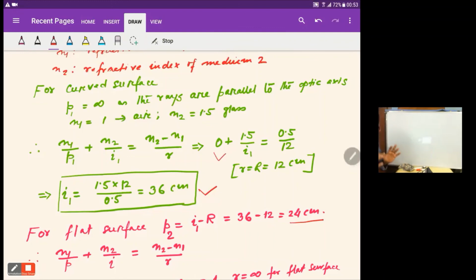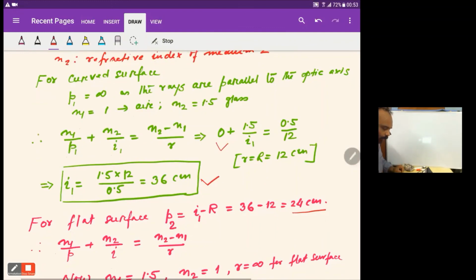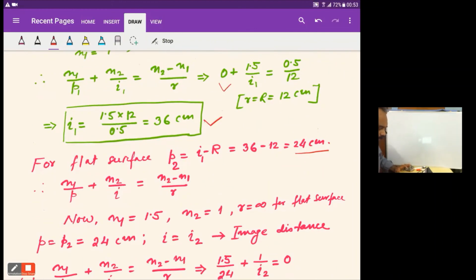So this is now my object position. Again, we are going to use the same formula: n1 by p plus n2 by i is equal to (n2 minus n1) by R. Now our n1 is the glass, refractive index 1.5. n2 is the refractive index of air, which is 1. And for the flat surface, the radius of curvature is infinite. Therefore, R is equal to infinity.